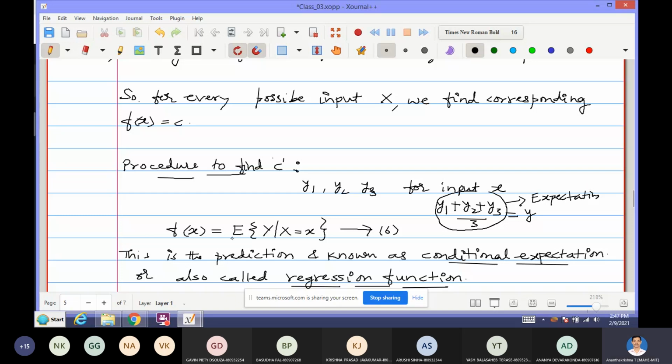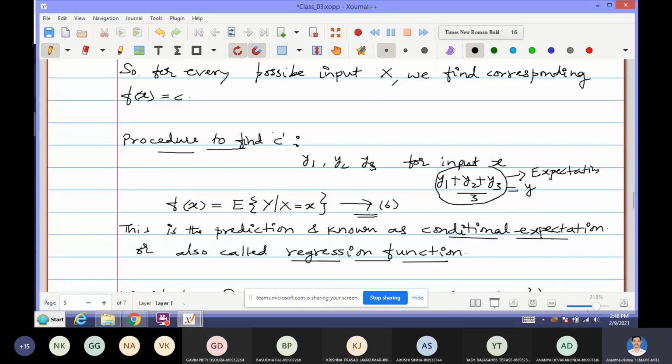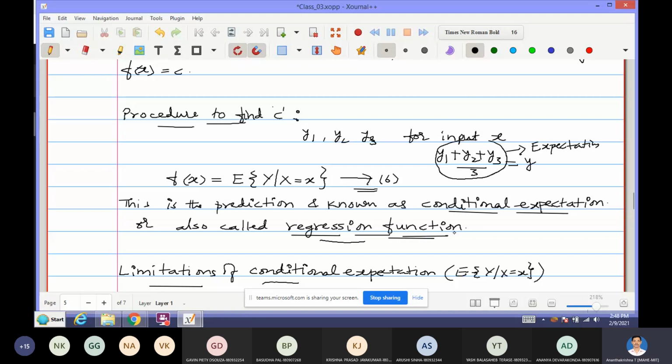So the function f of x can be written as the expectation of y given x equal to x, and do it for all values of x, and you get a function f of x. Equation 6 is very powerful, and it describes what is known as the conditional expectation, also called the regression function. Equation 6.